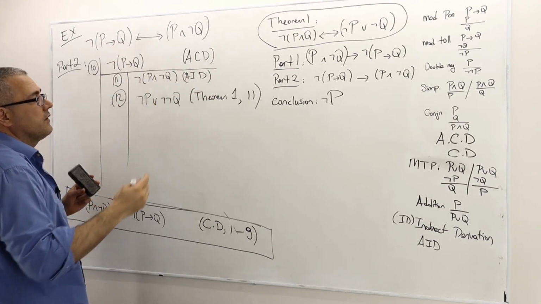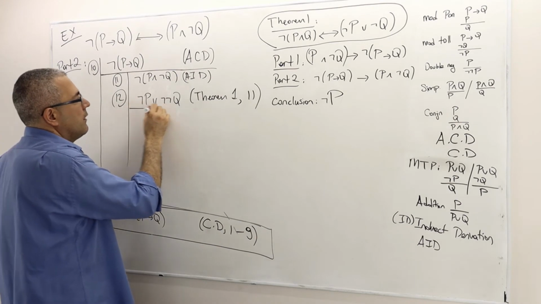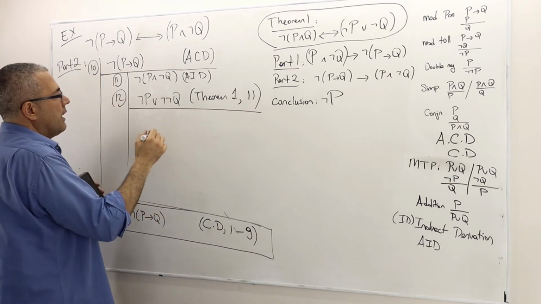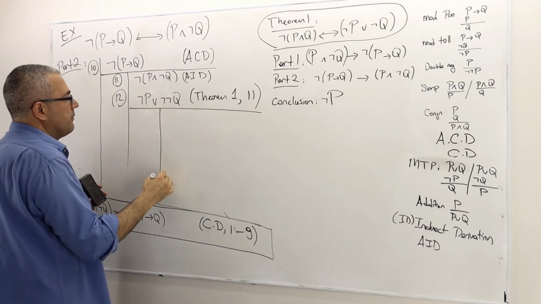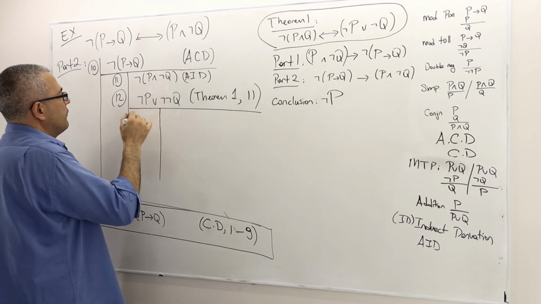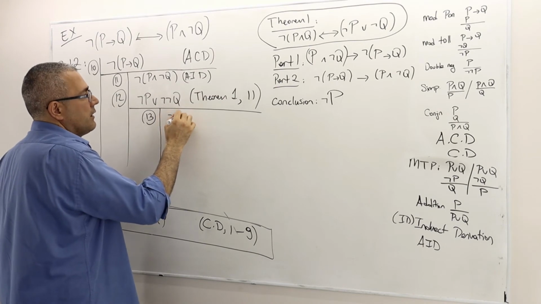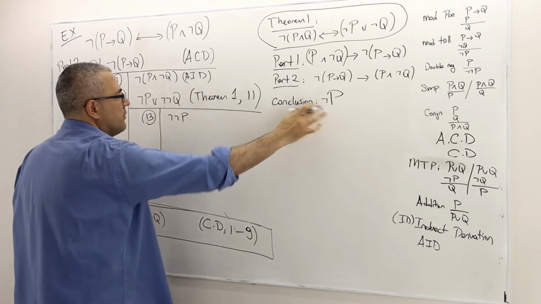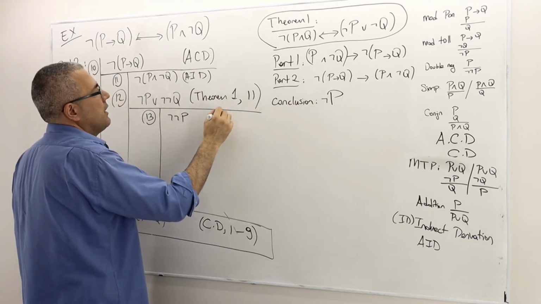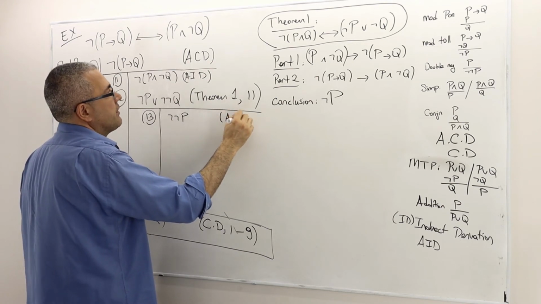And we'll see where I can go from that on. So I am going to make another table because this is subproof of a subproof. So line 13, I am going to assume not P. All right, because this is the conclusion I am hoping to reach. This is assumption for indirect derivation.